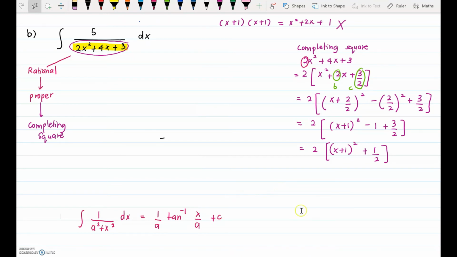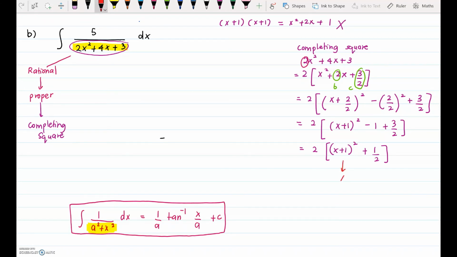This is the formula that we want to use. Integration of 1 over a squared plus x squared dx equals 1 over a tangent inverse of x over a plus c. So we want to write your denominator in the form of a squared plus x squared. So here, this is x squared and this is a squared.